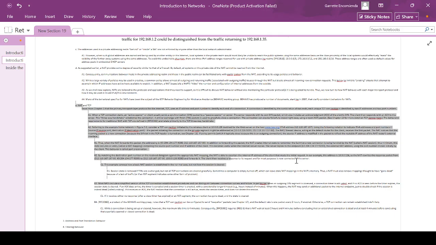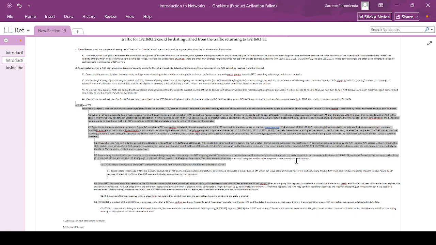The server replies to the endpoint 63.204.134.177:9200, the external NAT address, using the port number chosen initially by the client. This behavior is called port preservation.